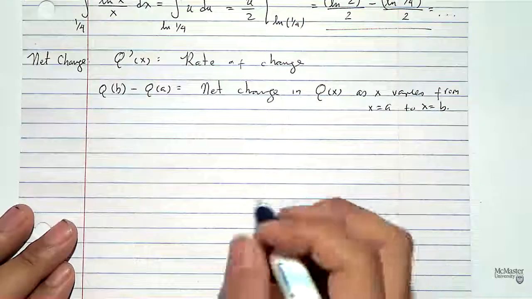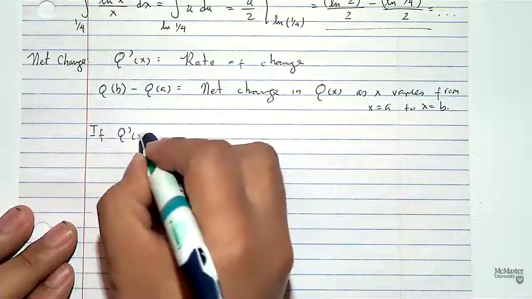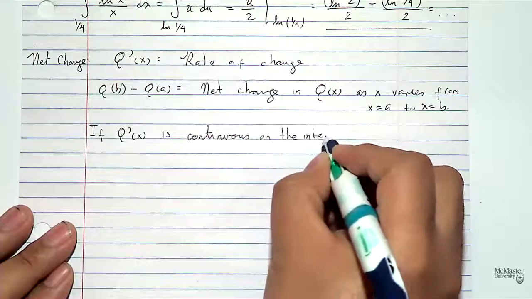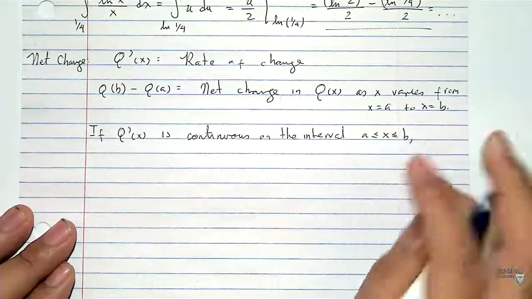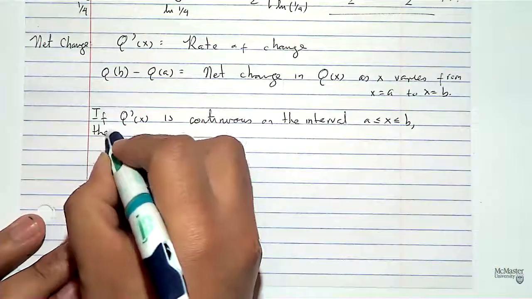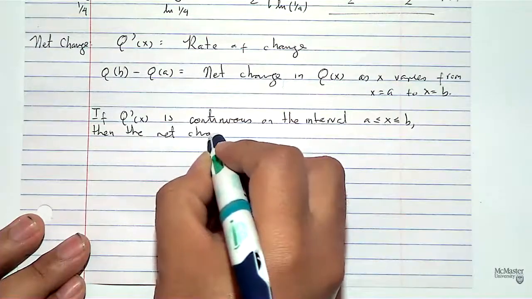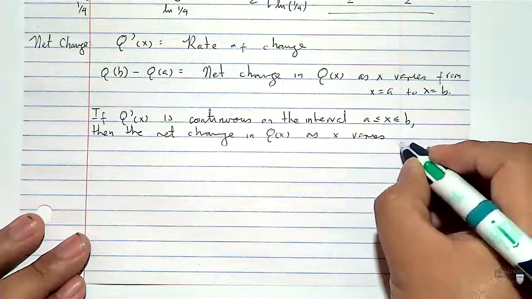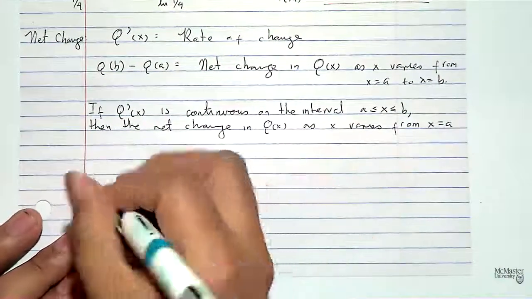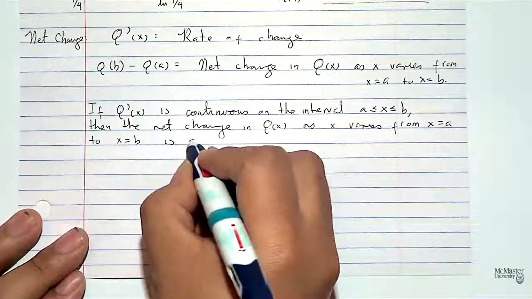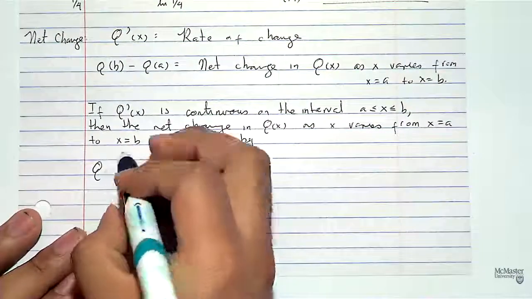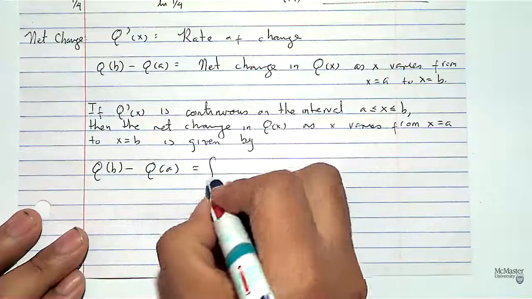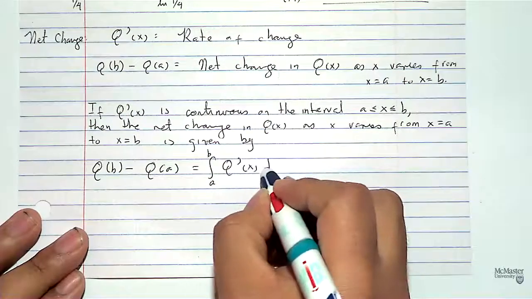So if Q prime of x is continuous on the interval a, b, then the total change or net change in Q of x, as x varies from x equal a to x equal b, is given by, and now think about this for a second, right, which is related to what I told you, the difference, so the change Q of b minus Q of a, is the integral from a to b of Q prime of x dx.